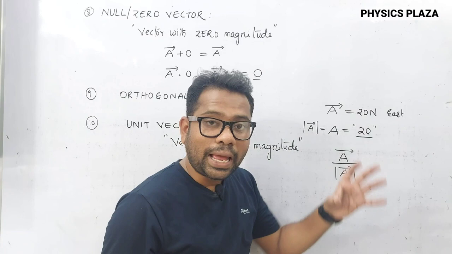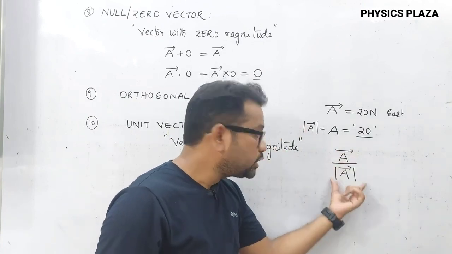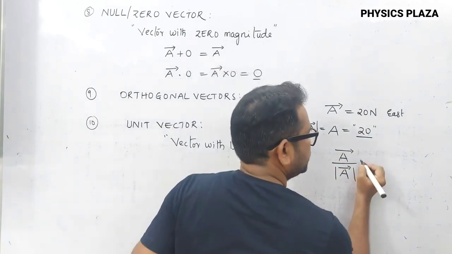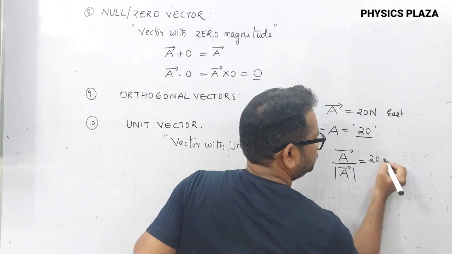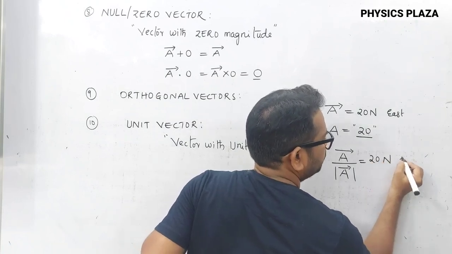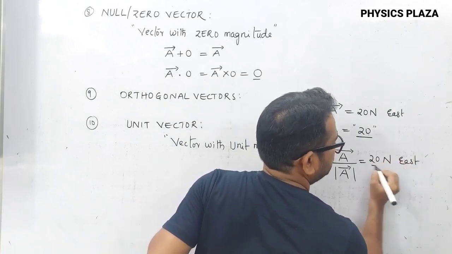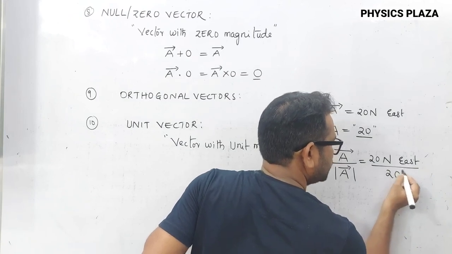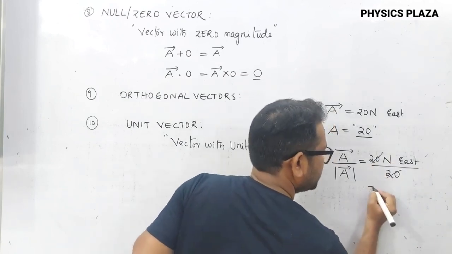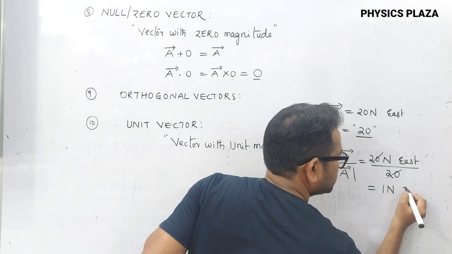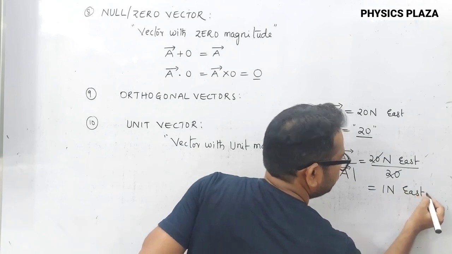What I am trying to do is divide a vector by its own magnitude. So this is 20 Newton force in east direction divided by its magnitude 20. The 20s cancel. Now how much did I get? 1 Newton force east.